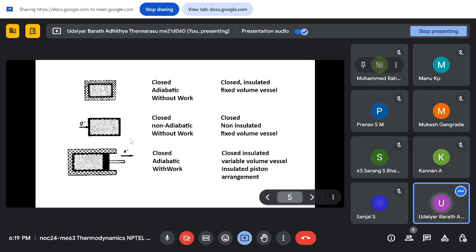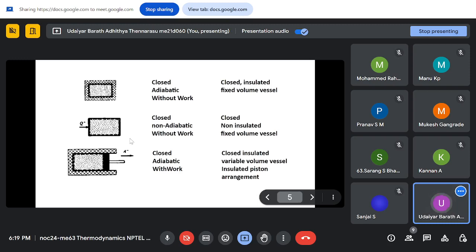Before that, I'll just define what heat and work are. For heat, if there is energy transfer due to a temperature difference, that form of energy is called heat. So we basically know what heat is. Any energy in a form that raises a temperature, we call it heat. And you have work.